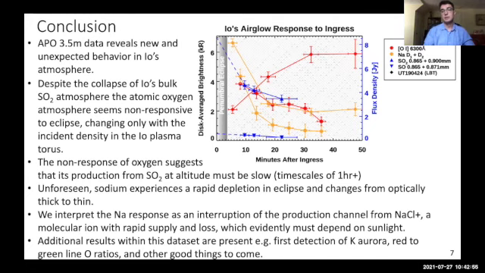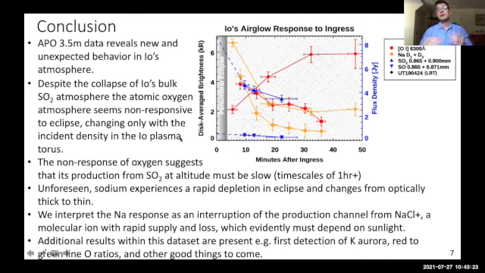Here, one of these trends, the APO one, definitely seems like it's following the trend, but then this observation at LBT completely throws that out because it's increasing. And because this is going from optically thin to optically thick, the sodium trends here would actually be more increased, so it would be even less correlation here.